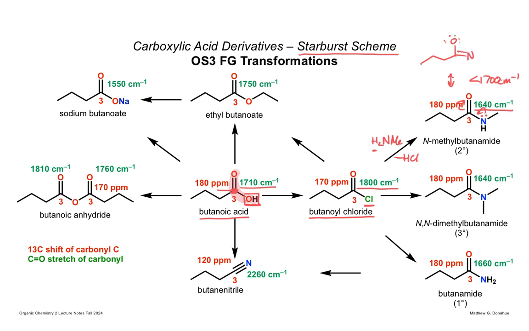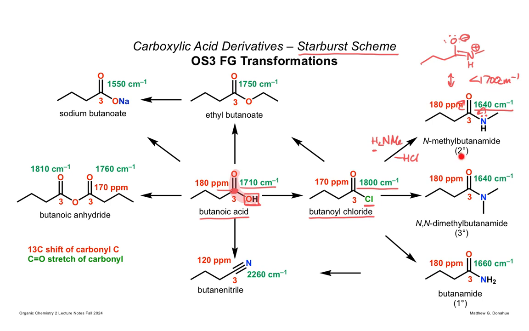So amide bonds look more like this, where you have a sort of more CN double bond character than CO double bond. And so that makes that carbonyl weaker, so it drops below 1700.